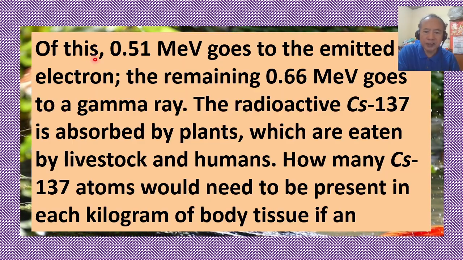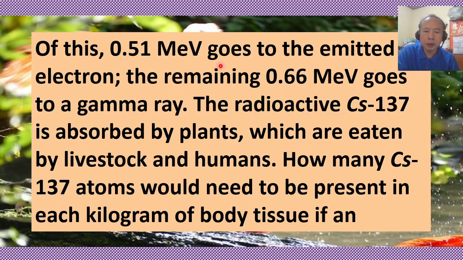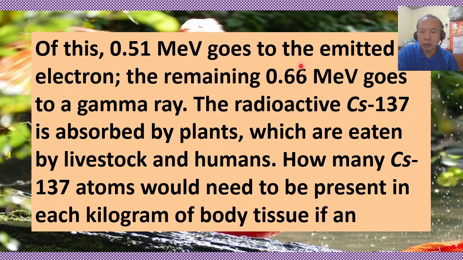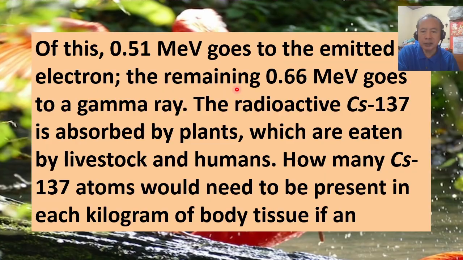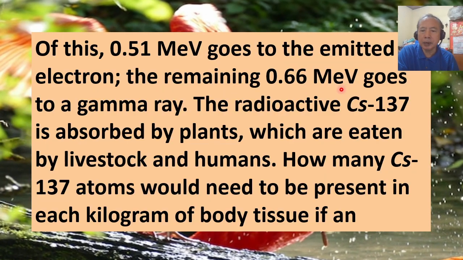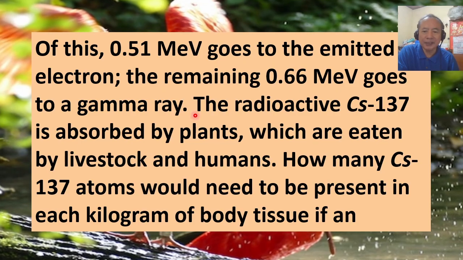Of this, 0.51 million electron volts of energy goes to the emitted electron. The remaining 0.66 million electron volts goes to a gamma ray.